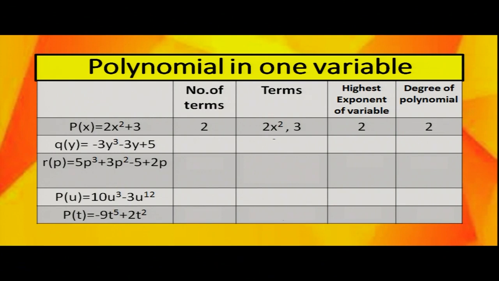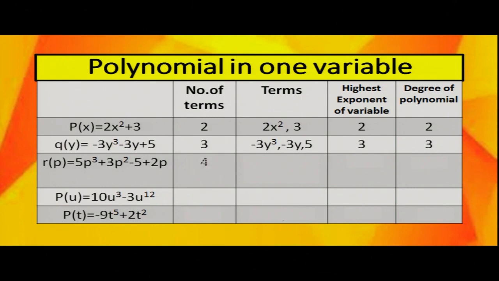In the second one, q(y), the number of terms is 3. The terms are minus 3y raised to the power 3, minus 3y, and 5. The highest exponent of the variable is 3, so the degree of the polynomial is also 3.